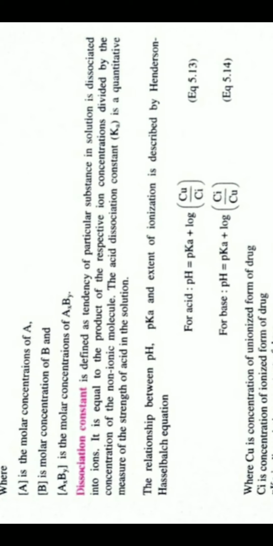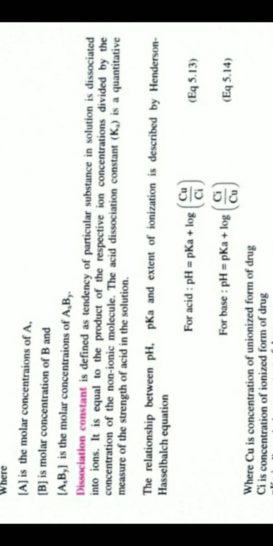The acid dissociation constant, Ka, is a quantitative measure of the strength of an acid in the solution. So by acid dissociation constant we measure the strength of acid in the solution.